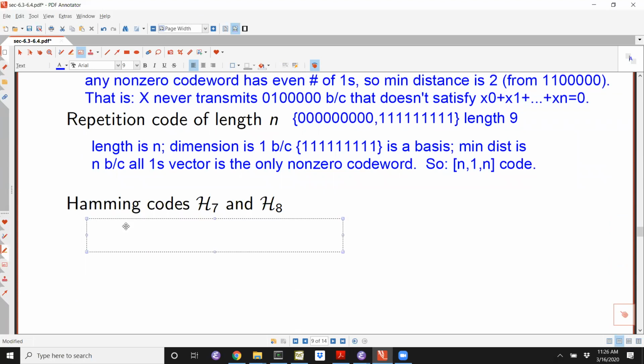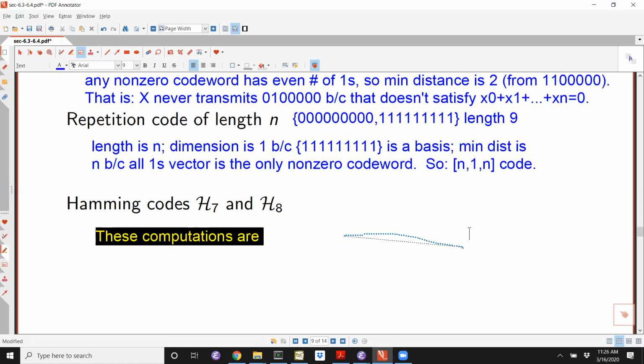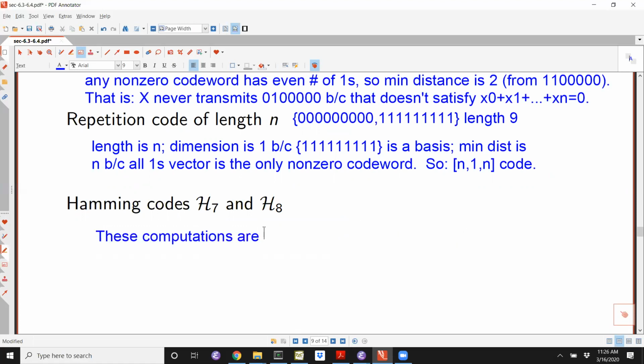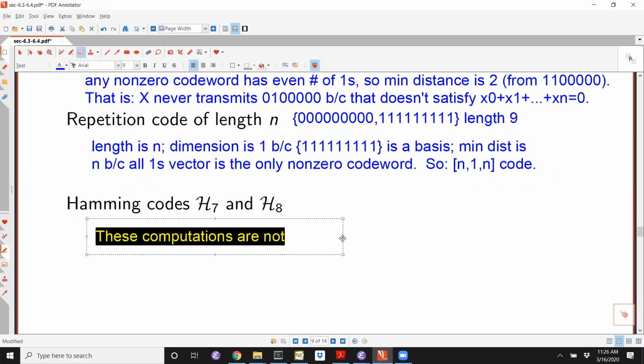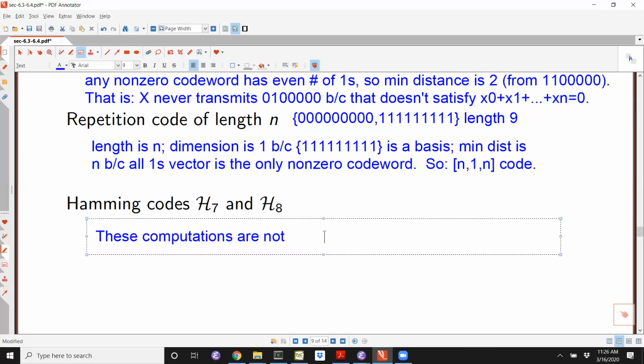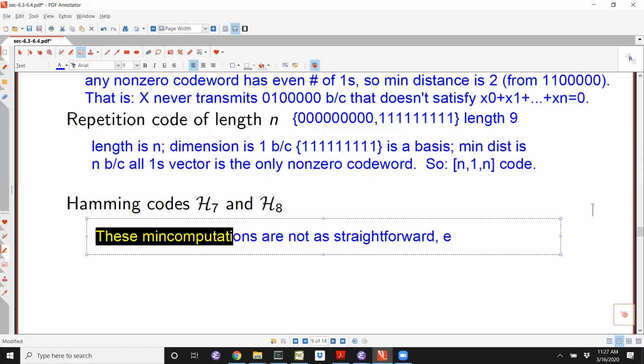For the Hamming codes, Hamming 7 and Hamming 8, these computations are not as straightforward, especially these minimum distance computations. Oh, actually, let me start over. Sorry, my bad.